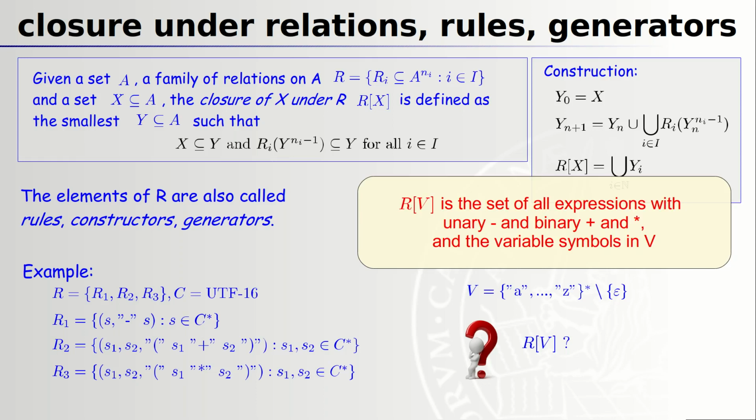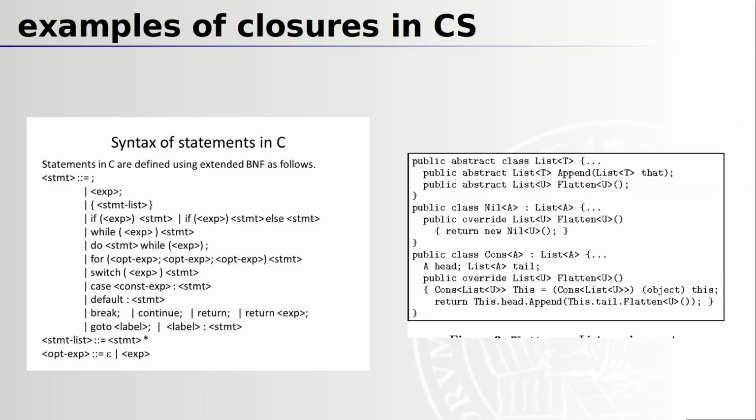The closure of V under R is the set of all strings that look like expressions with lowercase variables and the operators unary minus, and binary plus and star. Computer science is packed with examples of these rule-generated closures. Grammars describing programming languages, for example, and also many data structures.